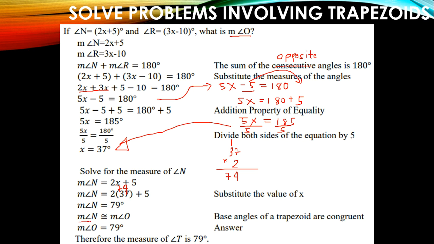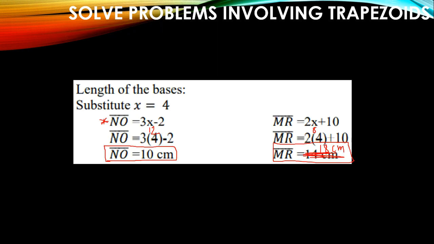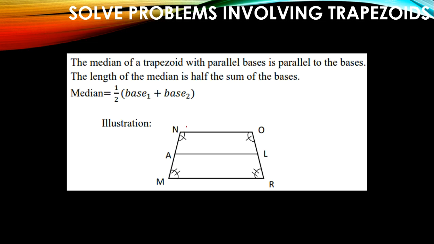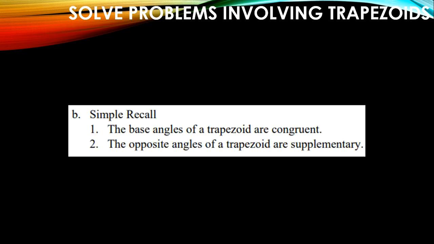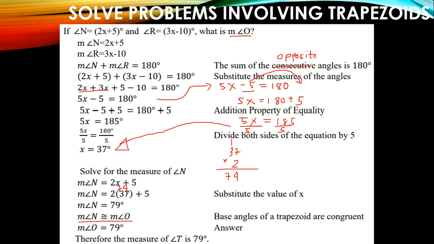Then the measurement of angle N is congruent to the measurement of angle O, that is, base angles of a trapezoid are congruent. So let's go back to the illustration again. Angle N and angle O are congruent to each other because they are base angles, specifically the upper base angles. So if the measurement of angle N is 79 degrees, therefore the measurement of angle O is also 79 degrees.